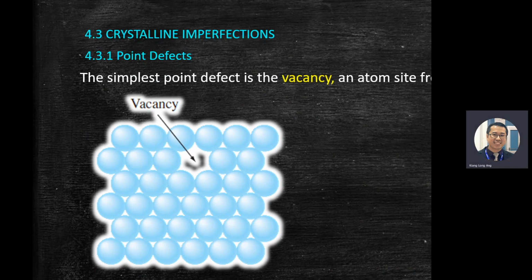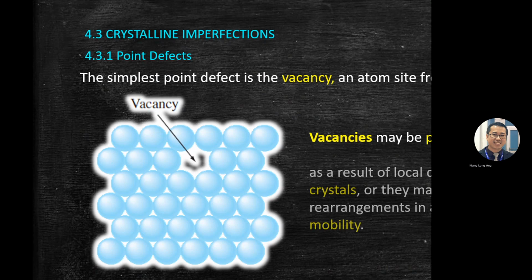As you can see on the screen here. How does this single atom go missing? Previously we talked about solidification. When you cool down the material, the nucleus is formed, and then they line up according to their orientation.